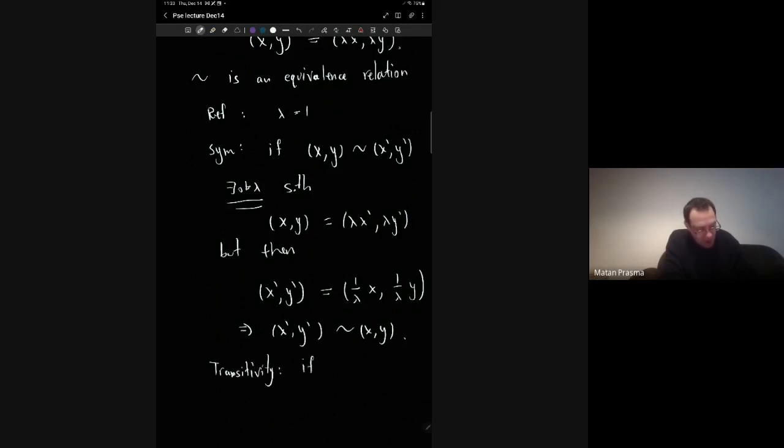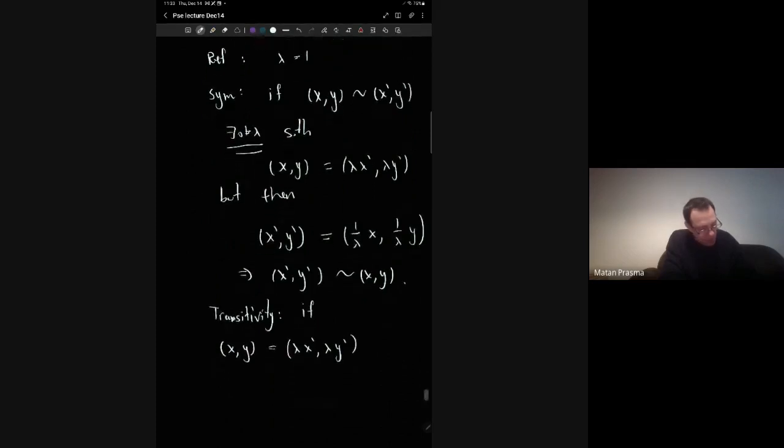Let's say I have x, y is equal to lambda x prime, lambda y prime. And furthermore, I have that x prime, y prime is equivalent to x double prime, y double prime. This means that there is some delta such that these 2 points are the same.